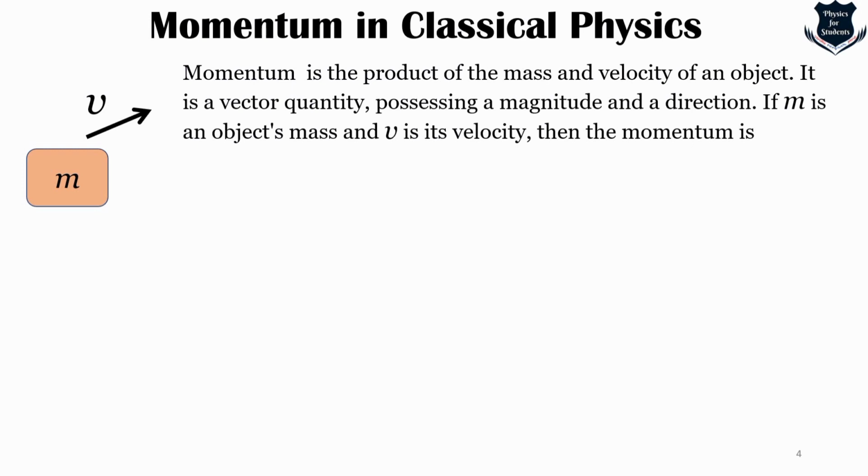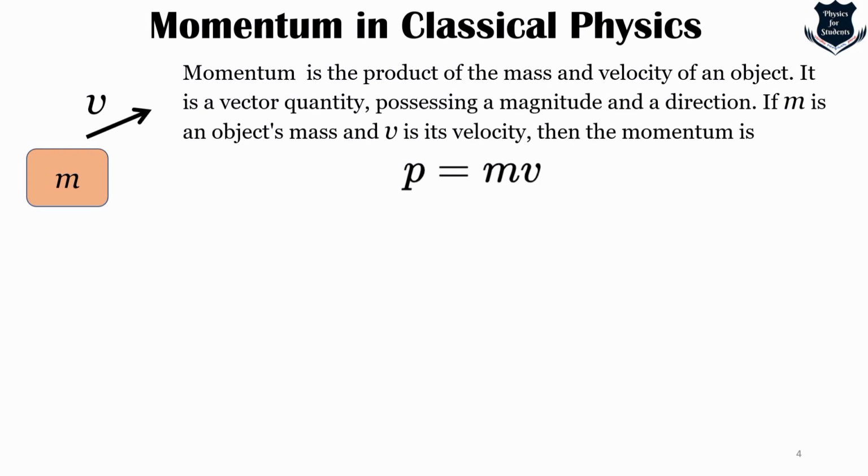It is a vector quantity possessing a magnitude and a direction, and if m is an object's mass and v is the velocity, also a vector quantity, then the object's momentum p is given as mass times velocity. In the International System of Units, the unit of measurement of momentum is the kilogram meter per second, which is equivalent to the Newton second.